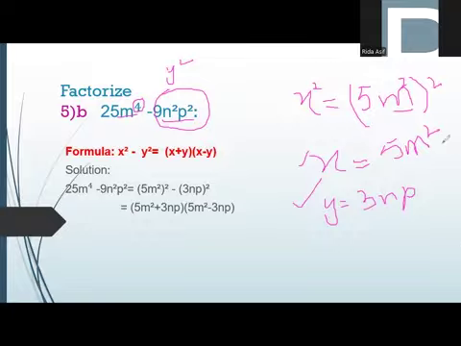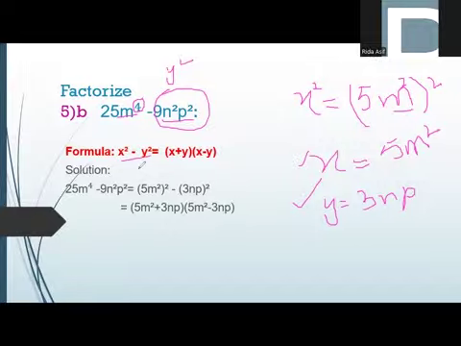I hope that this is clear to you, that why we are having square on m, because in our question power of m is 4. Now let's compare the left hand side of our formula with our question.